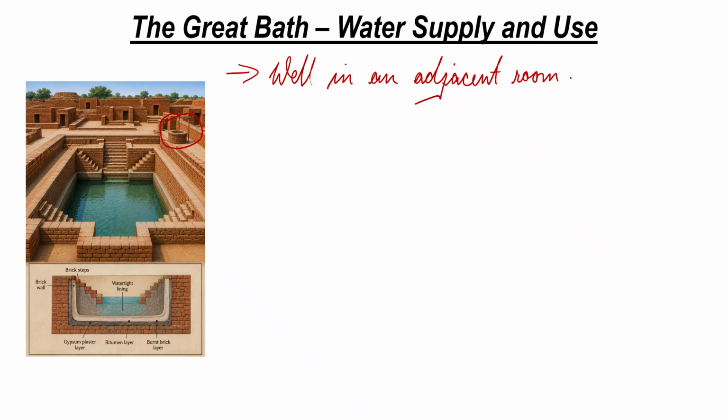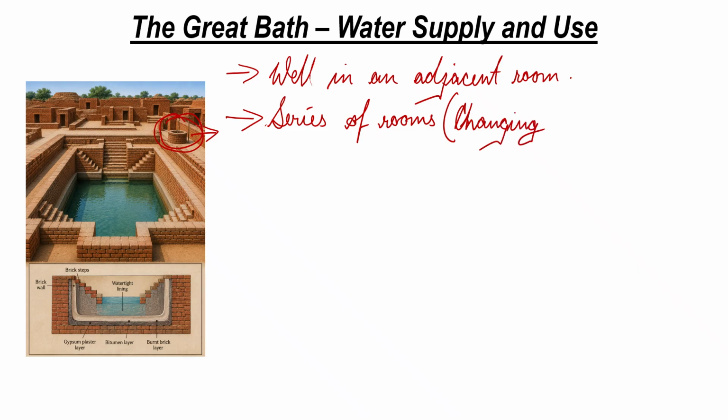Here, this artificially generated image also shows a well, but it was a little bit farther inside a room. So from the well, the water has supposedly been filled into the Great Bath. And we have a series of rooms and a stairway. Now these were probably changing rooms.